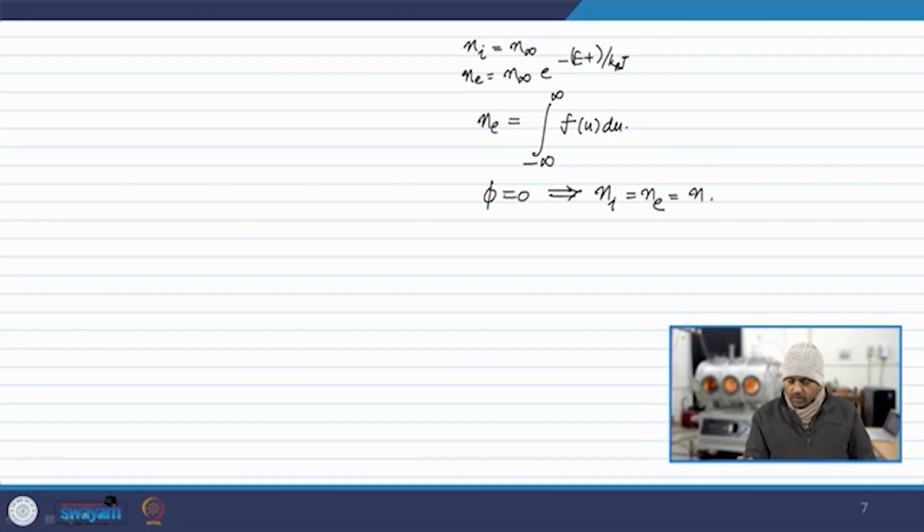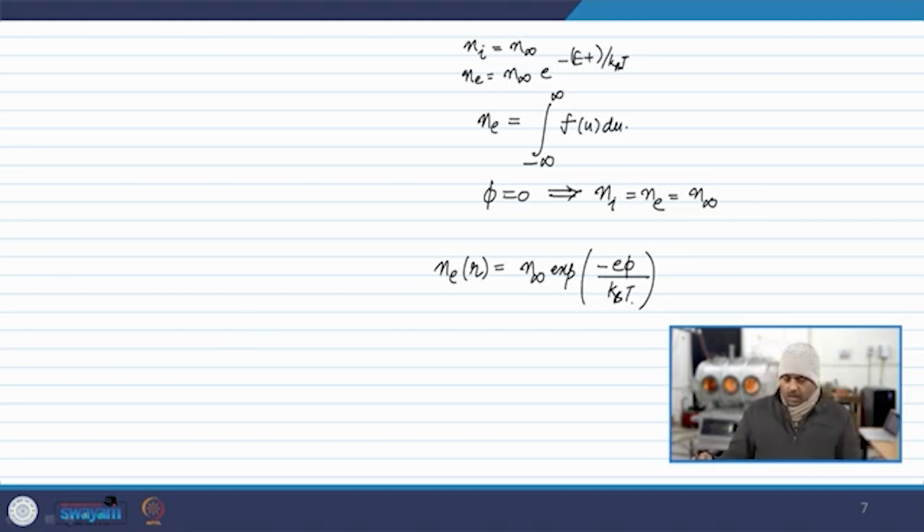We are going to call this number n infinity, right. So, the number of electrons as a function of r will be n infinity exponential of minus E phi by kBT, minus E by kBT.